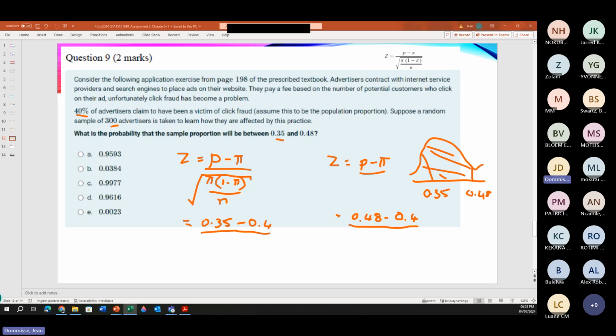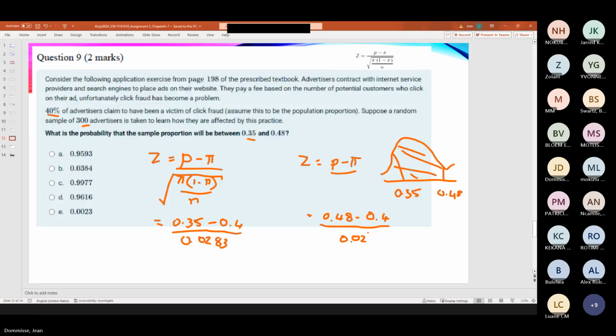And that we will need to square root to get your standard error. I normally round it off to 4 decimals, so 0.0283. It's going to be the same on this side. So let's just hope again that the calculations worked out.